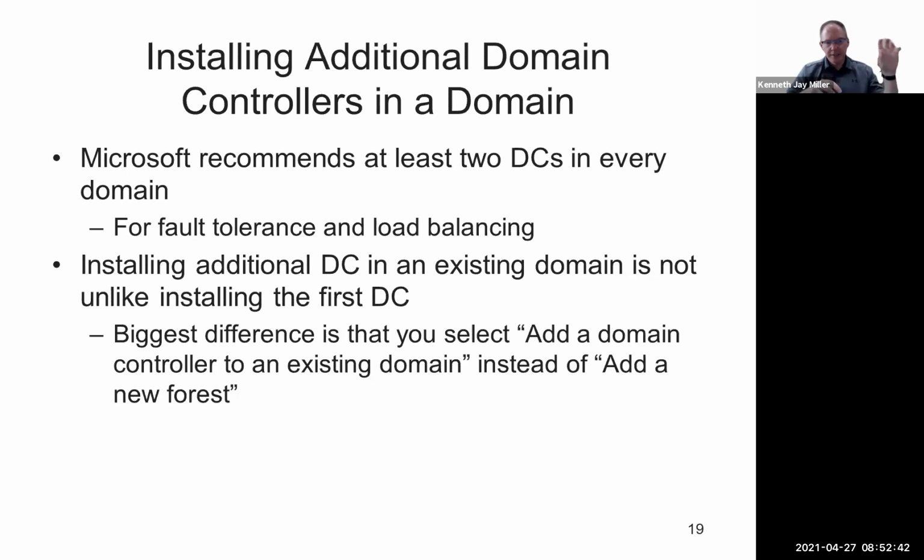Let's say Honda and Tesla merge into one company, but we don't want to lose their forests. We could just have a trust relationship between them. Okay. Now, installing additional domain controllers, the only thing we're going to do different is instead of saying add a new forest, we're going to say add a domain controller to an existing domain. So that screen would be a little bit different. Okay. Now for us, we're just going to create a new forest.